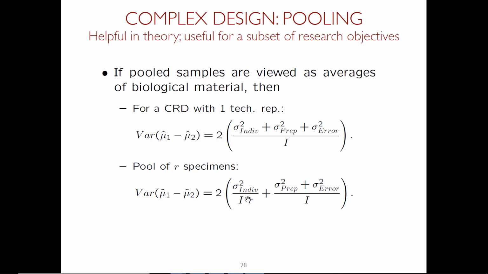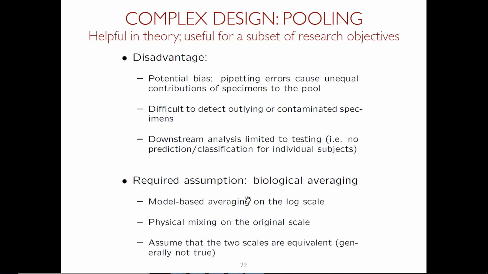But then there are multiple caveats. If you make errors like with pipetting, or some samples are compromised by storage, you compromise the entire pool. So there are many things that can go wrong. Also, it limits your choices in terms of the statistical analysis downstream, because now that you average subjects, you cannot do things such as biomarker discovery.